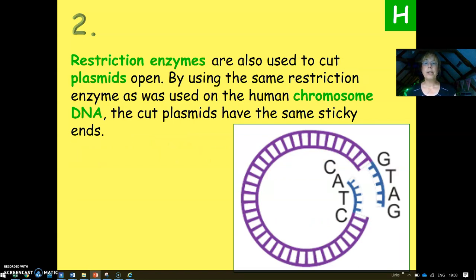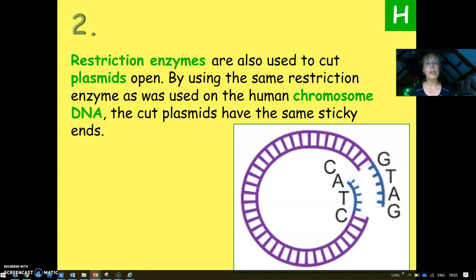Okay, so for part number 2, restriction enzymes again are used to cut the plasmids open. Remember, the plasmids are found inside the bacteria. So I've started off with a human cell, and now I'm going into a bacteria where circular DNA is known as plasmids, and using the restriction enzyme, I cut it open.